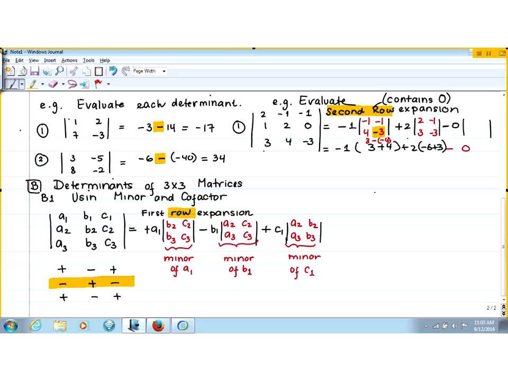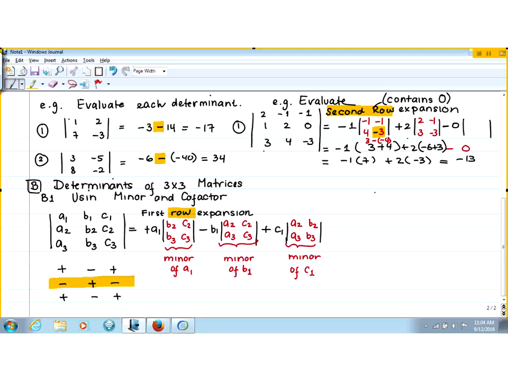Something like this you have to tell me right away. Otherwise, we did all this work and then it's wrong. All right, good. So what is this? This is -1 times 7, plus 2 times negative 3. So what is this? Negative 7 plus negative 6, which is negative 13.